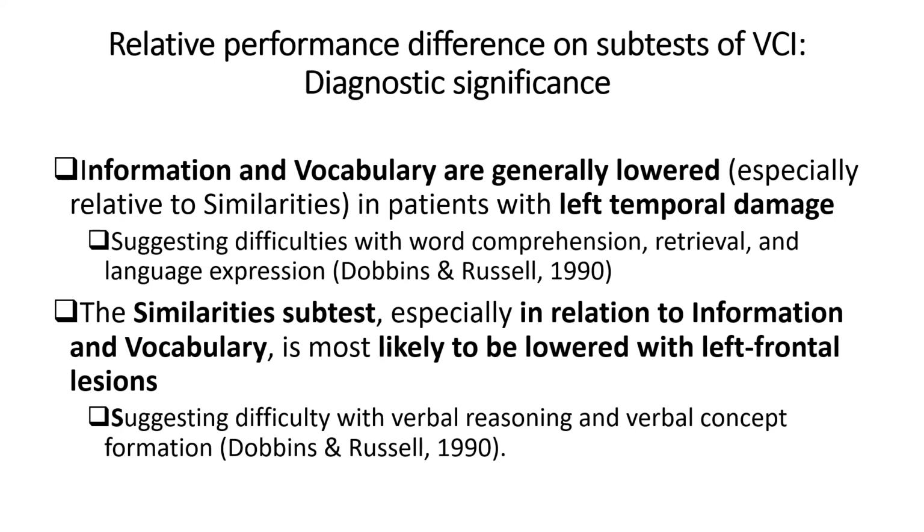And this pattern, that is lower similarities score compared to information and vocabulary, suggests difficulty with verbal reasoning and verbal concept formation. Again, the same researchers I have cited. Similarly, there are other patterns and comparisons, and I am just giving a few examples because this is one specific topic of one unit, so I cannot go into that much detail.